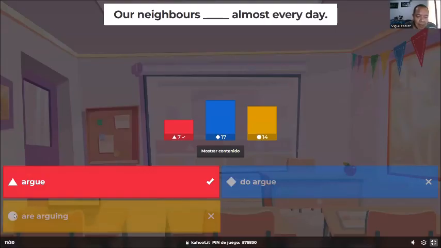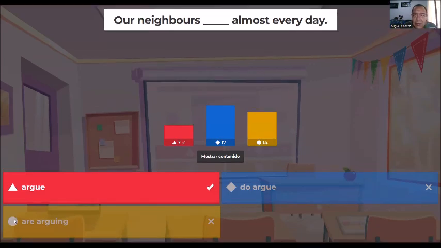The right answer, argue. Our neighbors argue almost every day. Every shows a repeated action. Every day is a time expression that is usually used for the simple present.